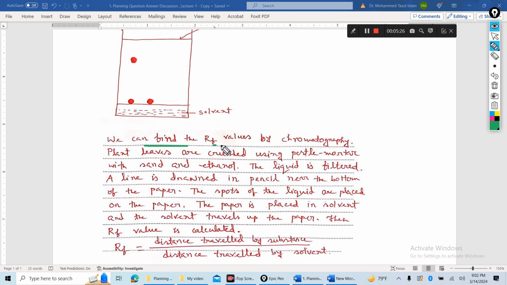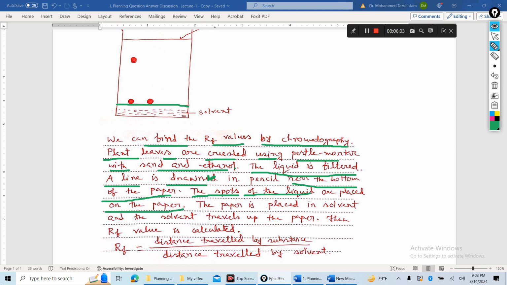We can find the RF value by the chromatography method. At first, plant leaves are crushed using pestle and mortar with sand and ethanol. Then the liquid is filtered. After that, a line is drawn in pencil near the bottom of the paper, and spots of the liquid are placed on the pencil line.